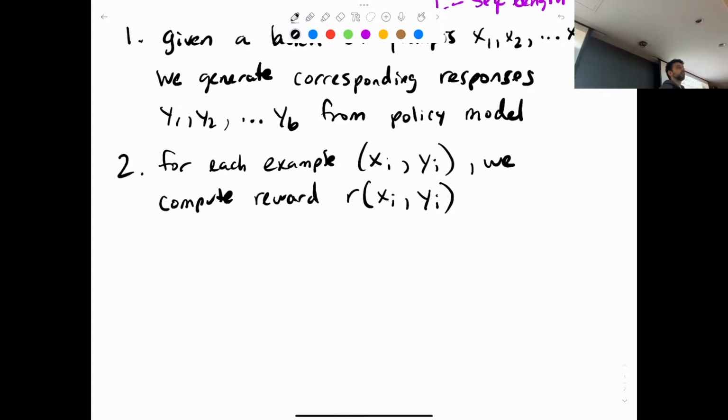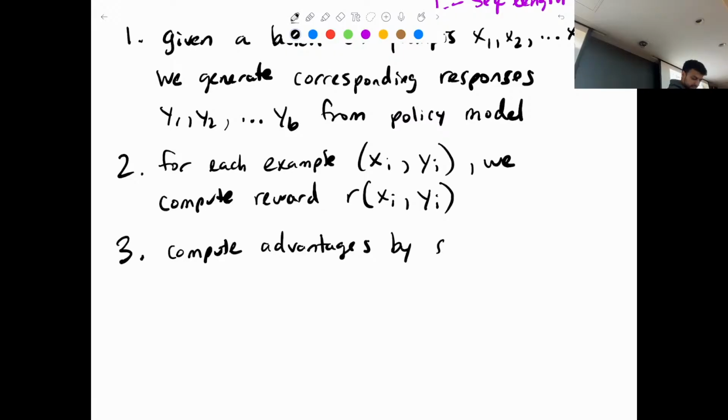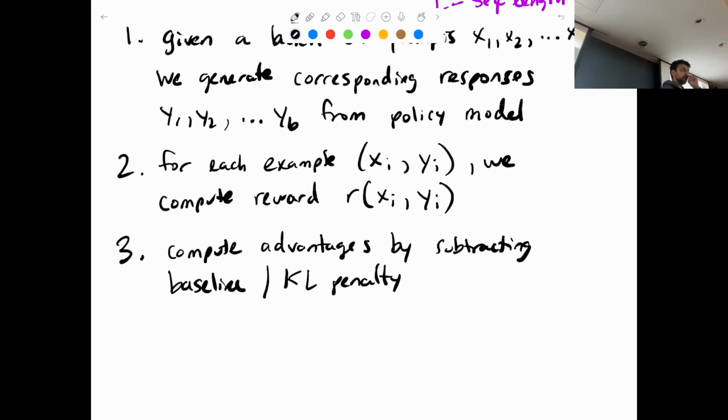But let's say we have our rewards, right? Now we talked about computing the advantages, by subtracting a baseline and also the KL penalty that is trying to keep us as close to our SFT model as possible.